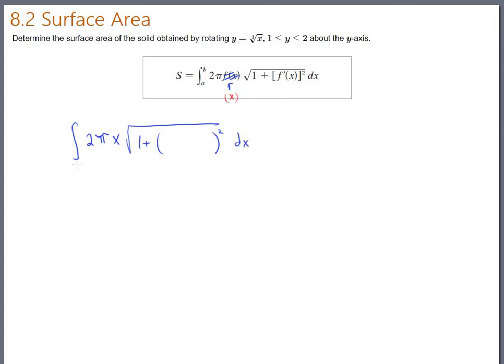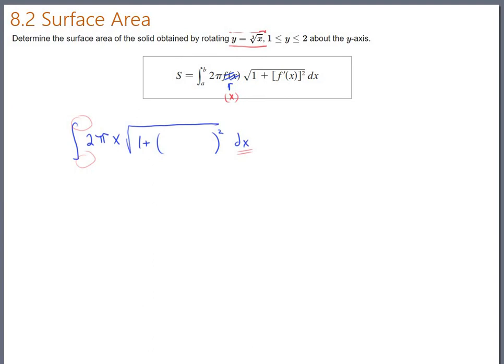We're also going to have to talk about the limits of integration. Let's talk about that a little bit. What goes here and what goes here, because keep in mind, we are in x world. We cannot put some y limits on this thing. So we need x limits instead of y limits. Fortunately for us, there's a nice little relationship between x values and y values sitting right here.